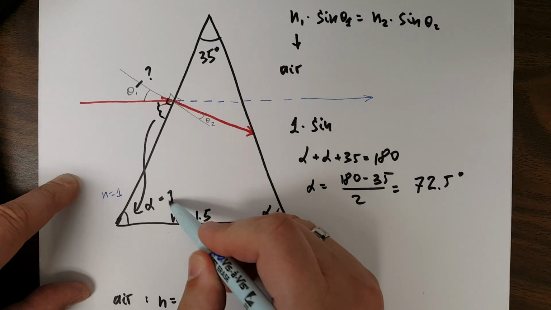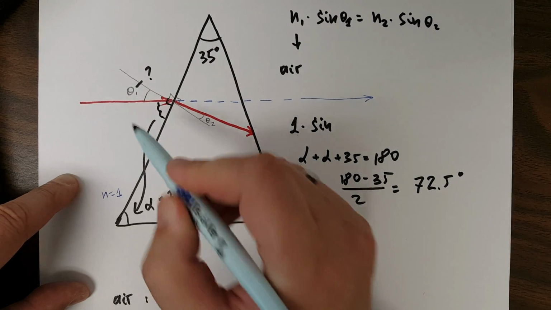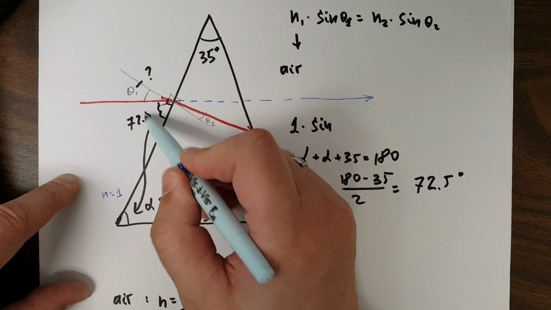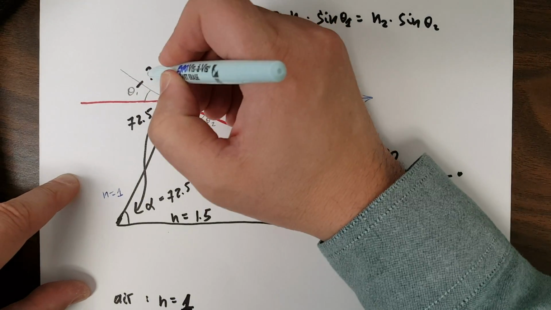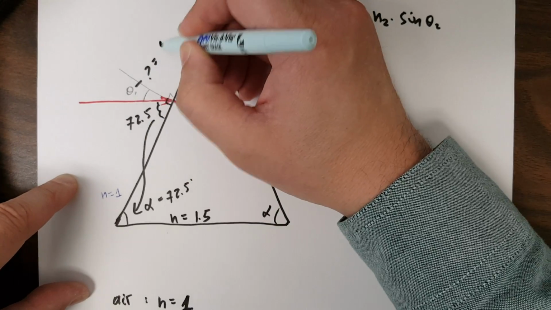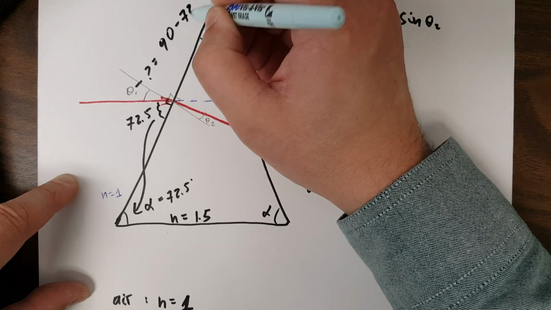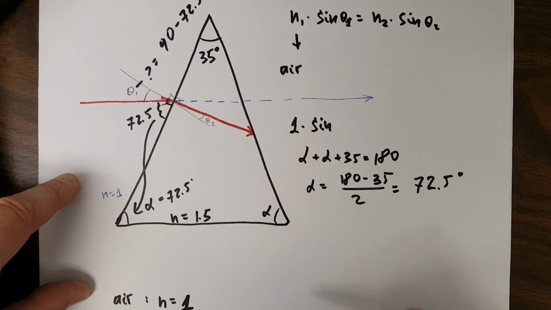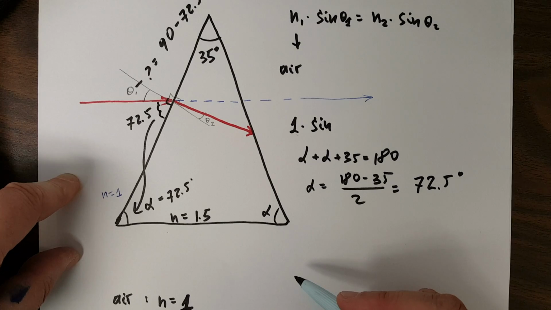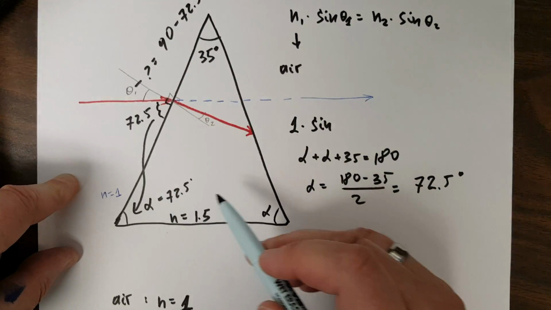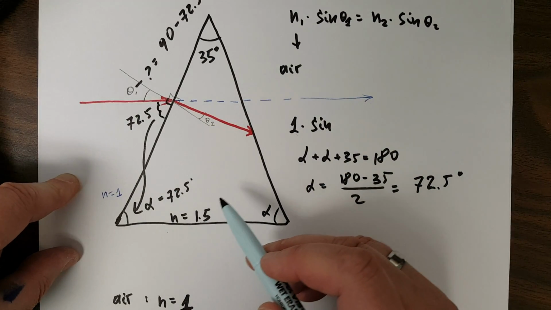So this is 72.5, so this is 72.5, so theta 1 will be equal to 90 minus 72.5, which is 17.5.